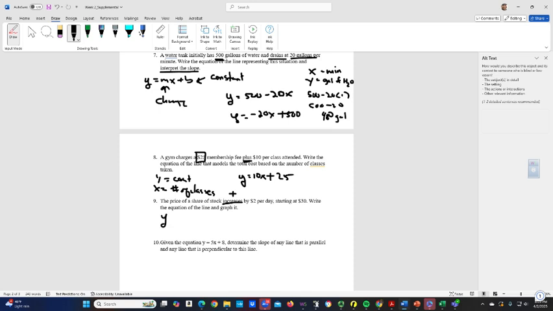So Y can be total cost or total price of the stock. X can be the dollar per day increase. And so our equation would be Y equals 2X plus 30. Or Y can equal 30 plus 2X.